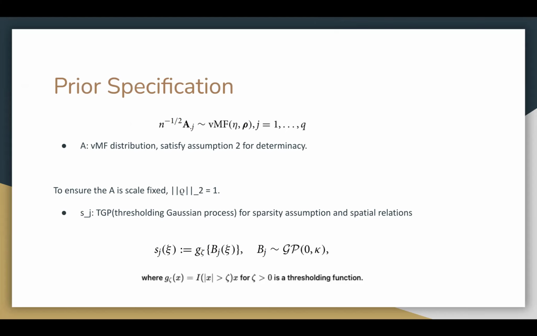Still, as I explained, assumption 1 is for the sparsity assumption and the spatial relations. So you can see the point v is one location in the brain, and the B here you should not confuse with the domain of the brain.